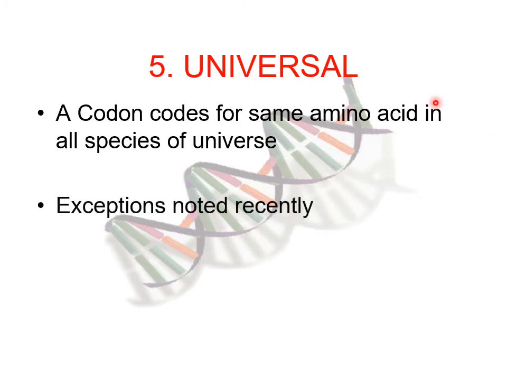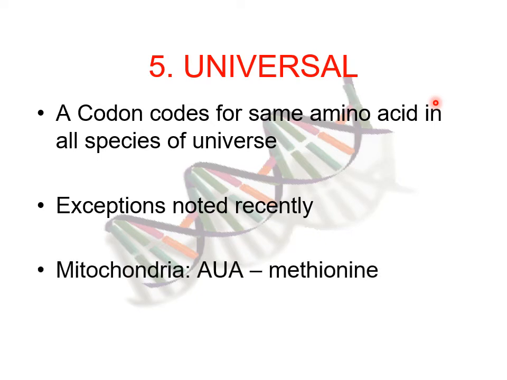Now, recently exceptions have been noted in the mitochondria. Mitochondria, which houses a small amount of DNA, about 0.1%, has shown a genetic code which may be slightly different from the nuclear genetic code. For example, AUA, which codes for isoleucine in the genetic code of the nucleus, is coding for methionine in the mitochondria.